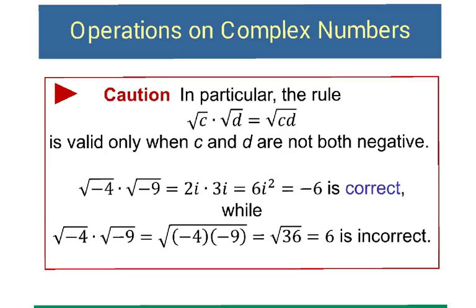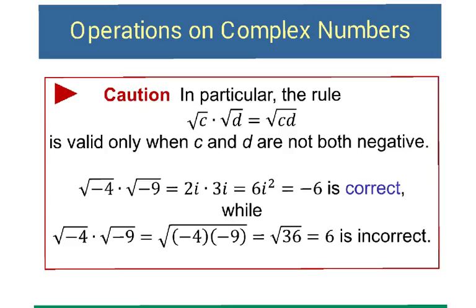Okay, so in this example, there's two ways of solving it, but only one way is correct. See how in this one, we go from square root of negative 4 times square root of negative 9 to 2i times 3i. That is the correct way to do this. We are first going to take i out of the radical and then take the square root of our number.